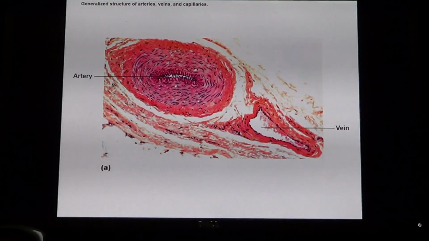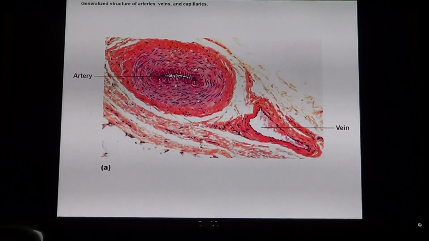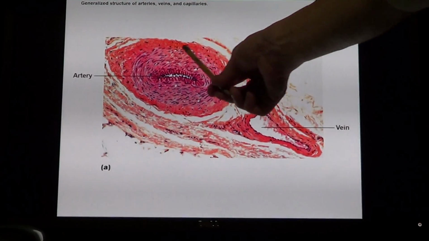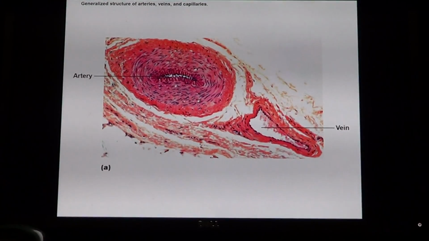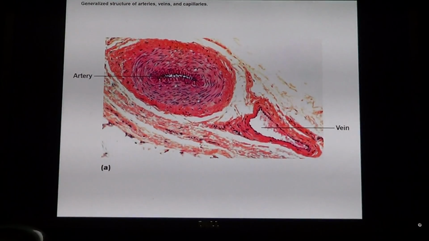And again, they all have the same layers, the same tissue involved in structure. So how would we differentiate the two? First of all, the arteries maintain their cylindrical shape. Again, function defines structure.